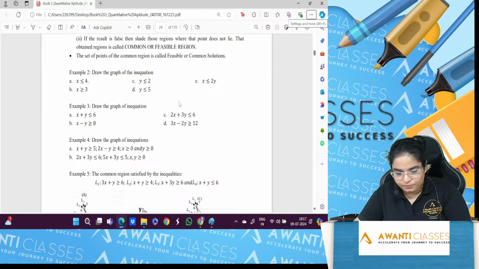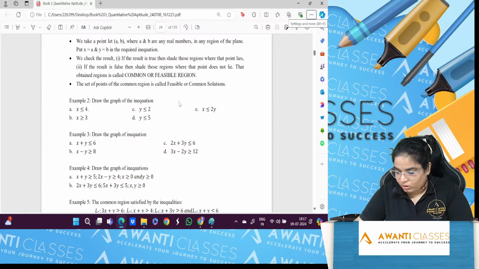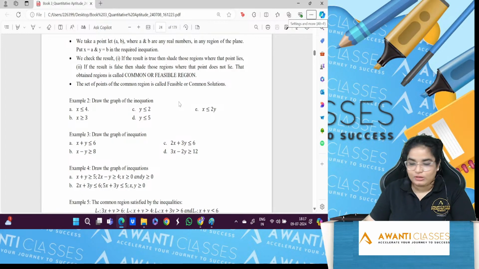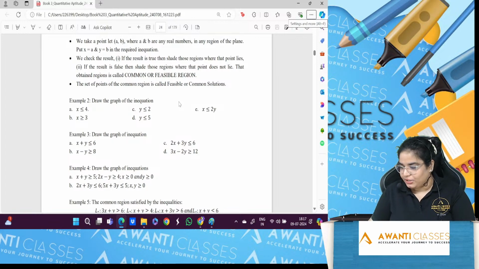Page number 24, example 2, part C. Y is less than or equal to 2. This will be your homework. Try and plot it in a graph. Very, very simple it is. You can do it very easily.